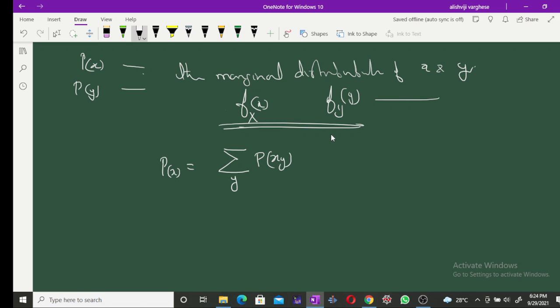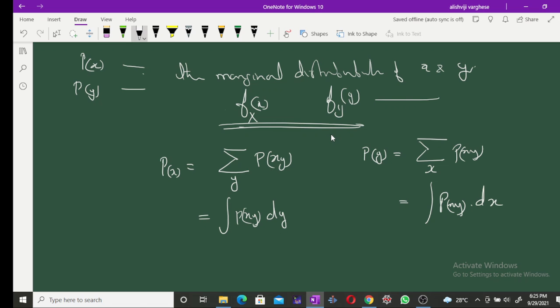And if y is a continuous random variable, then we integrate p of xy with respect to y. In a similar way, the marginal distribution of y can be obtained by summing up with respect to x, p of xy, and is equal to the integral of p of xy dx. So this is the marginal distribution.